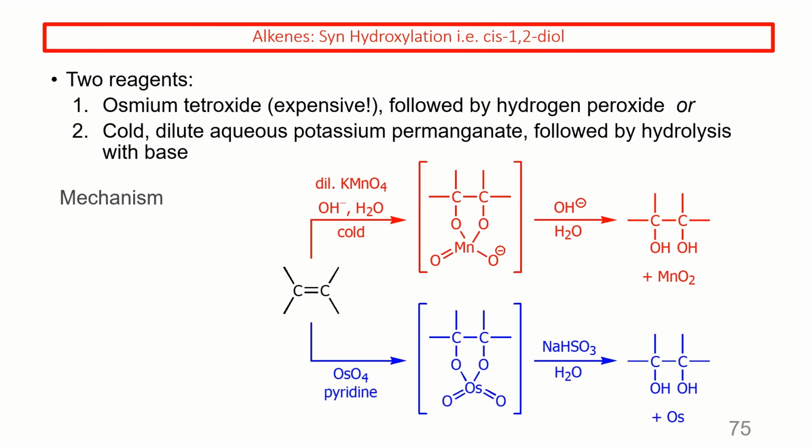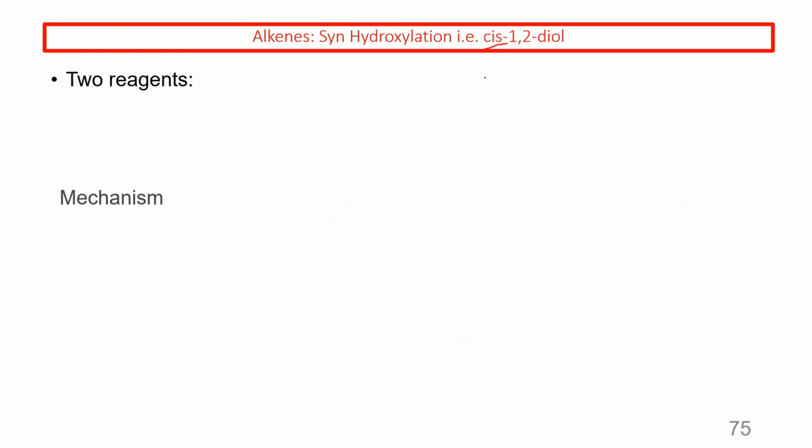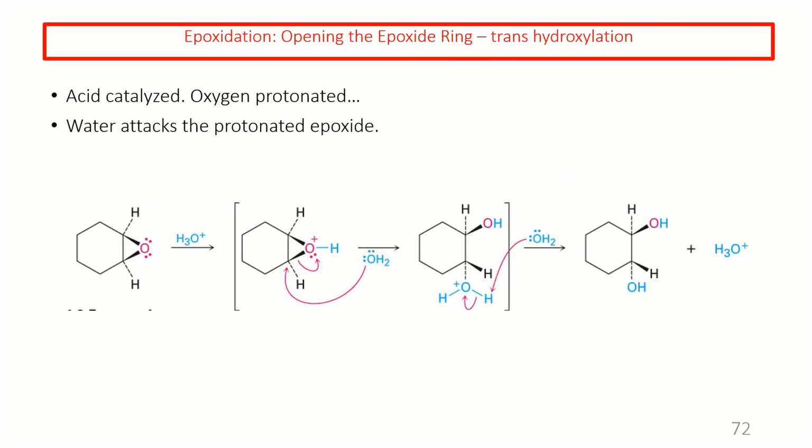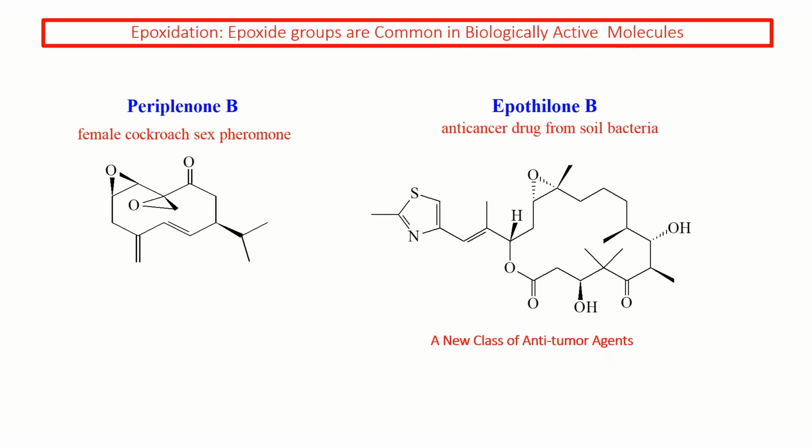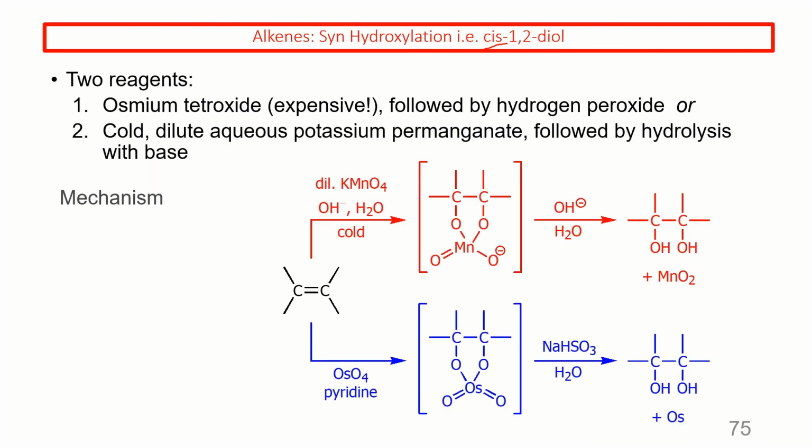In the case of treating the alkene with osmium tetroxide or cold dilute permanganate, we end up with the syn diol, or the cis diol. Remind yourself that here we had the trans diol, and in this case here, we have the syn diol.